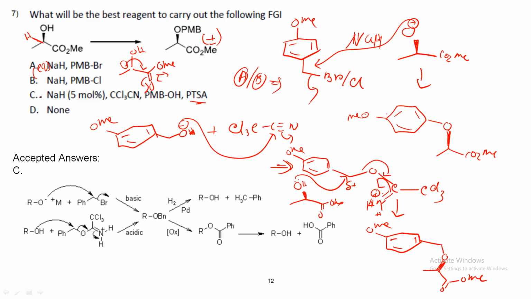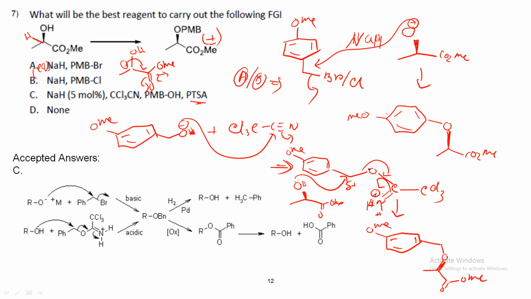But you can see in this particular condition, the use of this strong base is minimized. How? Because it is in 5 mole percent only. So here we are using this to generate a very good leaving group.